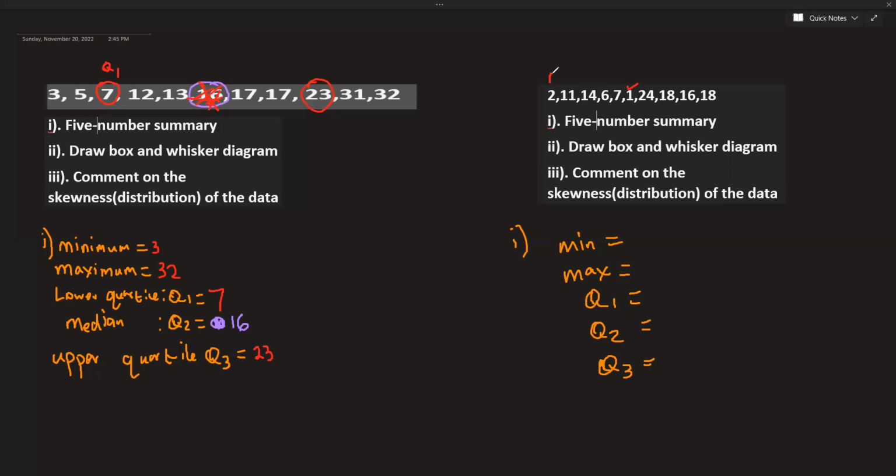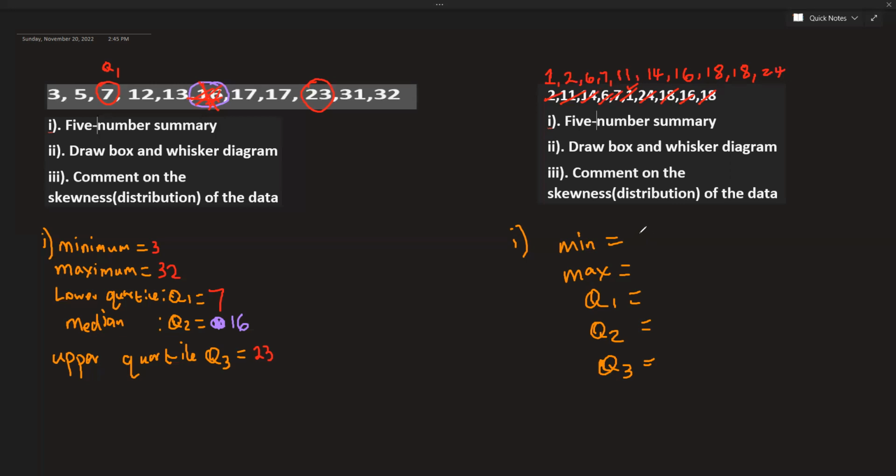I have 1, then 2, then 6 and 7, then 11 and 14, then 16, then this 18 and that 18, and then 24.